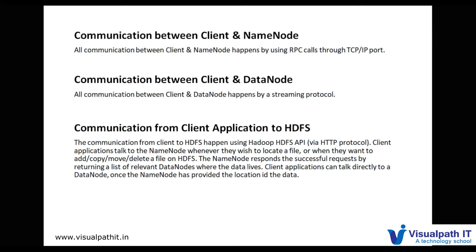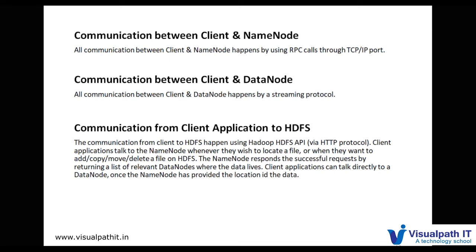Client applications talk to the name node whenever they want to locate some files. One more point, for all Hadoop HDFS operations, the first point of contact is name node. So we cannot communicate directly with the data nodes. End user, Hadoop admin, Hadoop developer, we cannot communicate directly with the cluster.